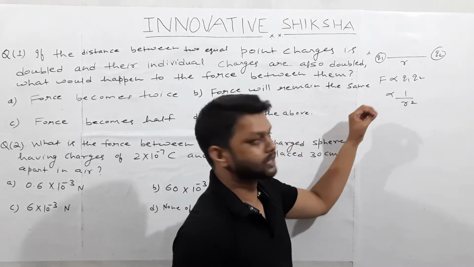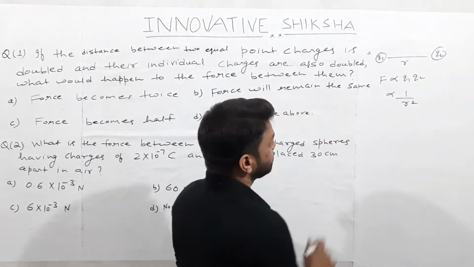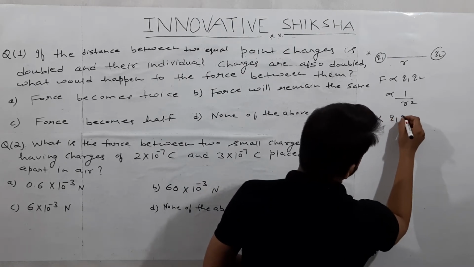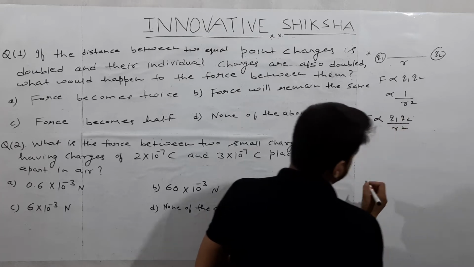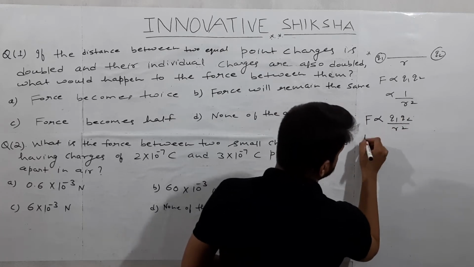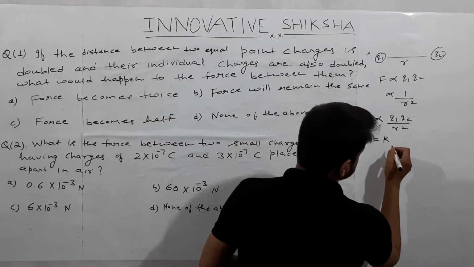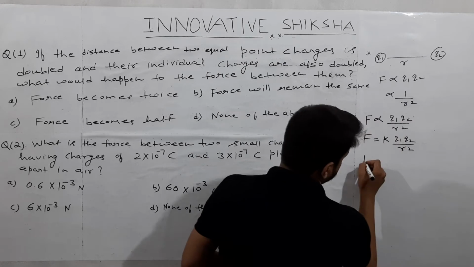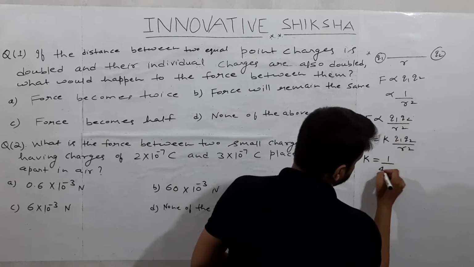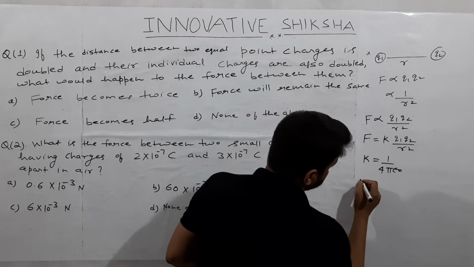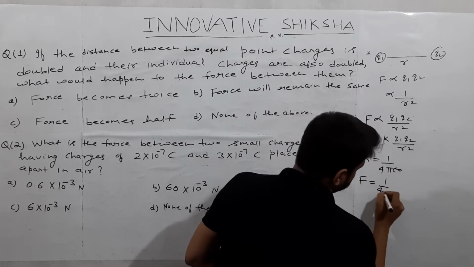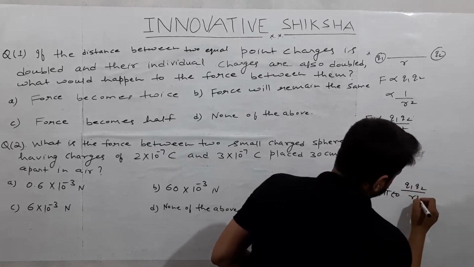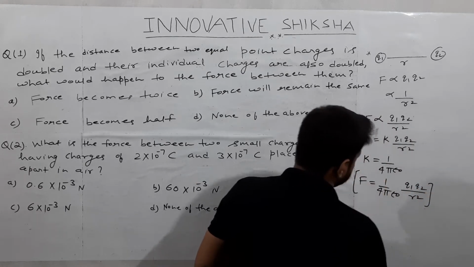So this is the concept of Coulomb's law. Writing this in equation form, we get q1 q2 upon r square. Removing the proportionality sign, we add a constant k, so F equals k q1 q2 upon r square, and you know k is equal to 1 upon 4 pi epsilon naught. Therefore F equals 1 upon 4 pi epsilon naught times q1 q2 upon r square. So this is your Coulomb's law.